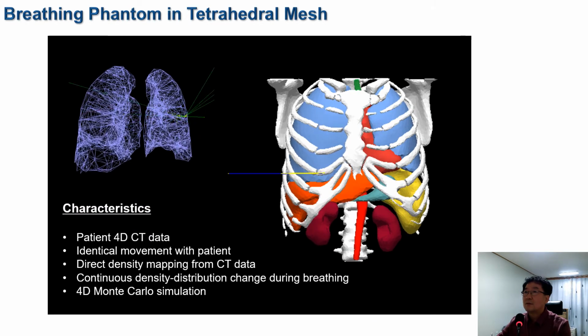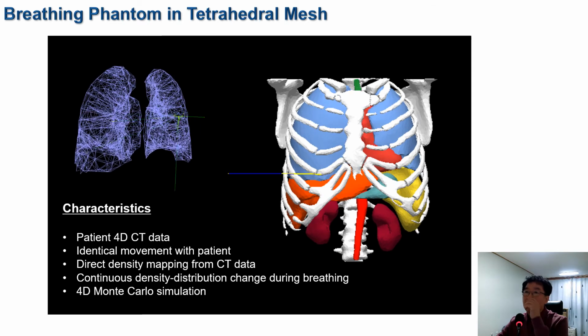This slide shows a phantom in tetrahedral mesh geometry, which was developed using a patient CT data in my research group. Here, the suborgan density distribution was directly mapped from the CT data. This is possible because the tetrahedral mesh is a volume mesh, not a surface mesh. In this phantom, the suborgan density distribution also continuously changes following the contraction and expansion of soft tissue during the breathing of the phantom.